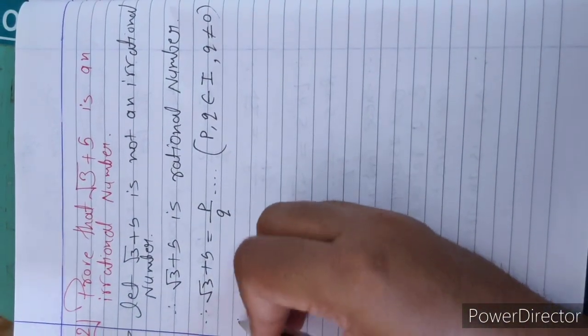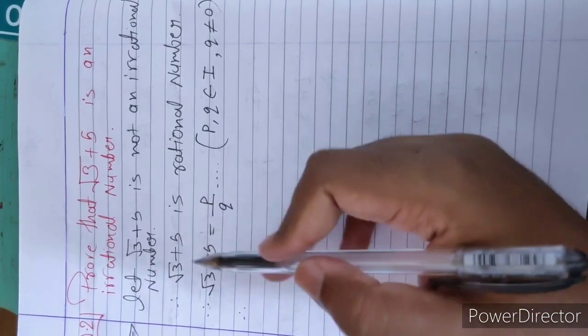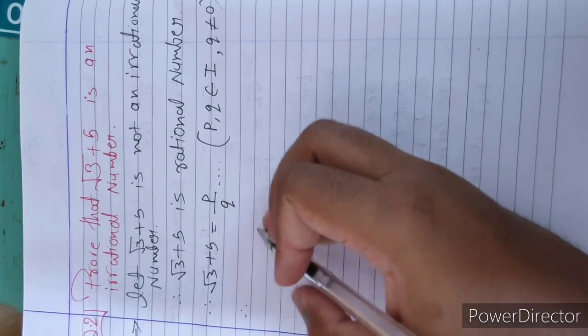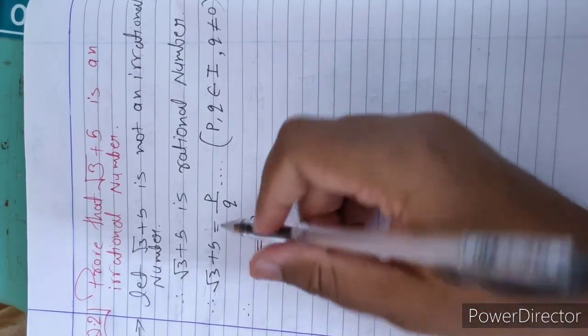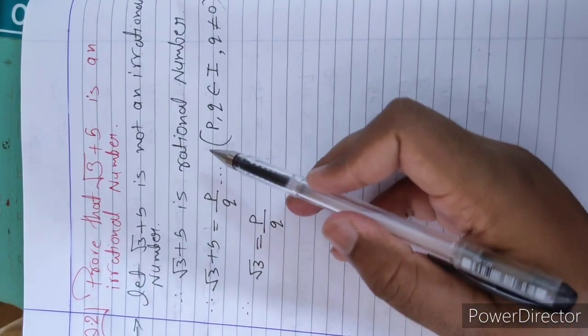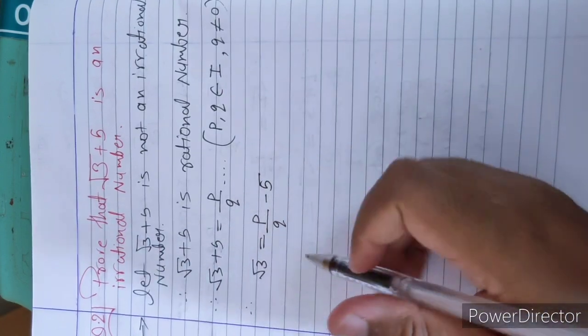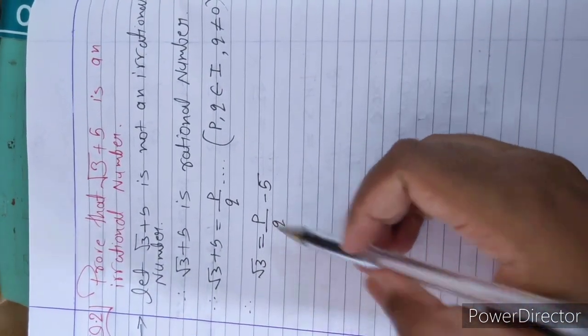Now we will take the irrational number on one side and the rational number on the other side. So we are transferring 5 to the other side. So root 3 is equal to p by q minus 5. Here 5 is with a plus sign, and when it goes to the right hand side it converts into a minus sign. So we are getting two sides, LHS and RHS.